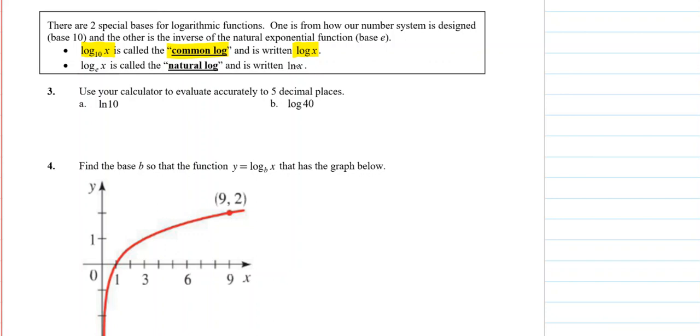It doesn't say log, it says ln. ln of x is another special case of a logarithm. It's log base e. Remember that number e, the famous natural number. So this is called the natural logarithm. Instead of writing log base e, we just write ln. So you can just plug these numbers into your calculator to get their values.